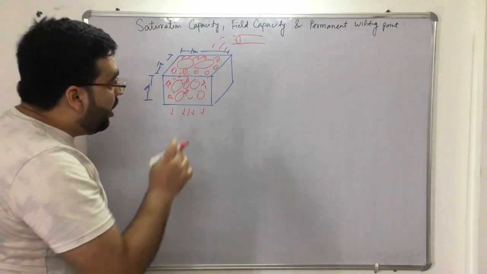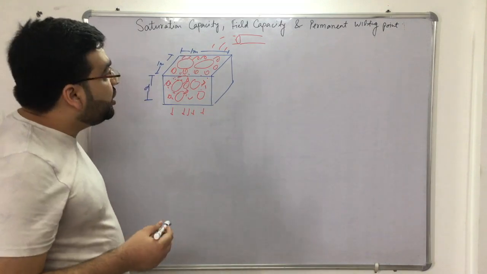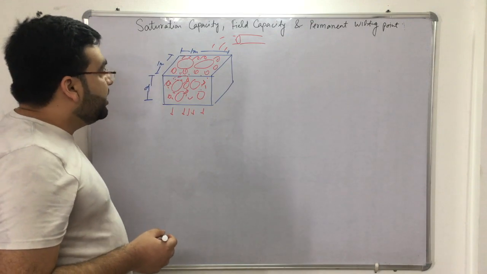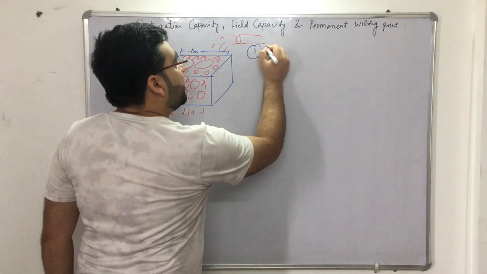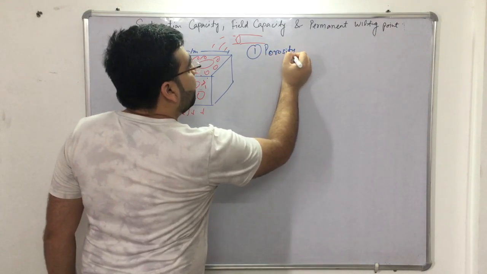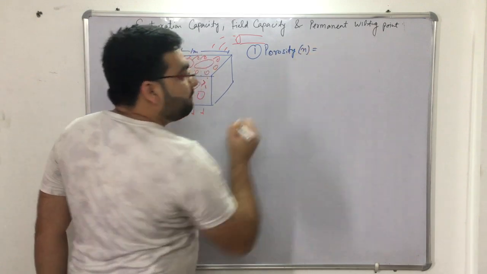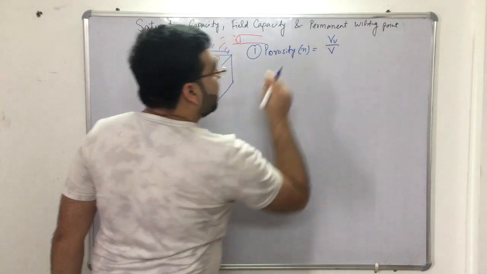Clear? Simple. Now let us define two terms which you have already discussed in your geotechnical engineering portion. The first is porosity, which is denoted by n. What is porosity? It is volume of voids divided by total volume.